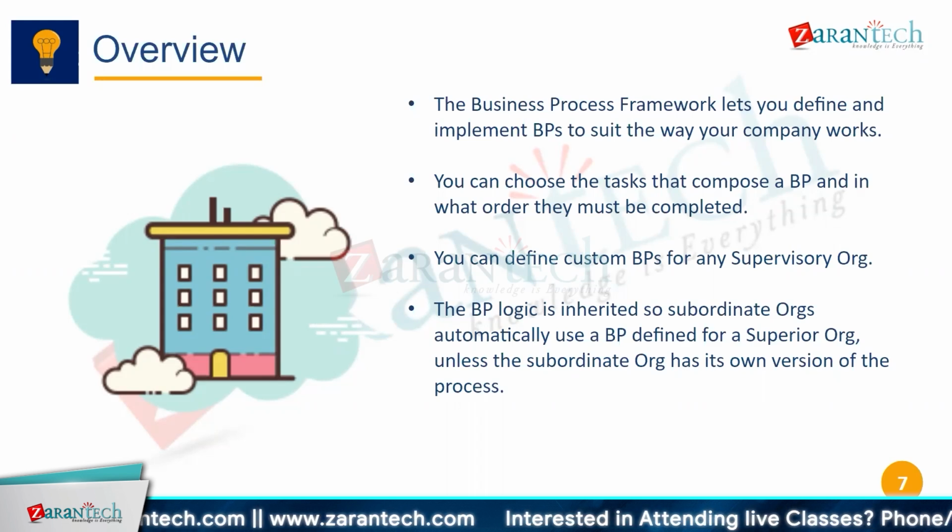For example, you have sales and marketing as one of the highest level of superior organizations or sub orgs. Then you have engineering, then you have human resources, and then you have R&D, for example.